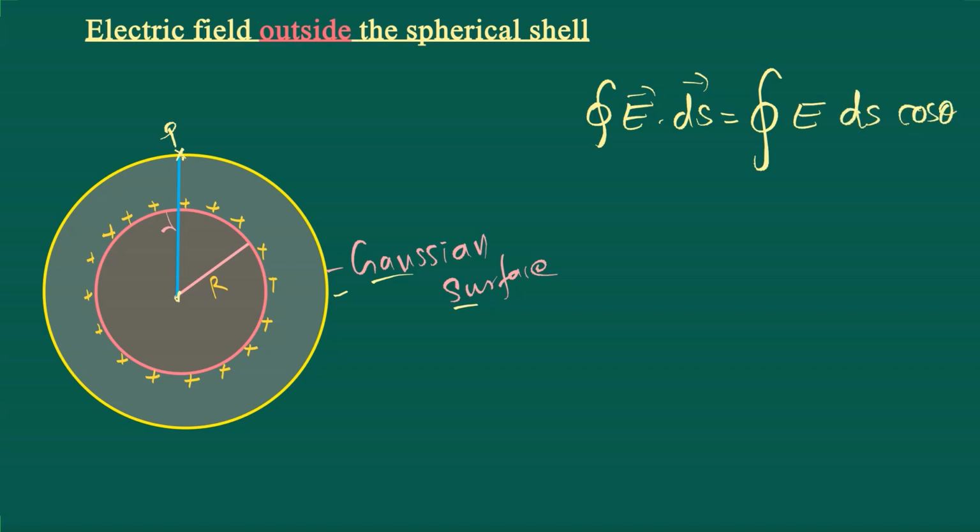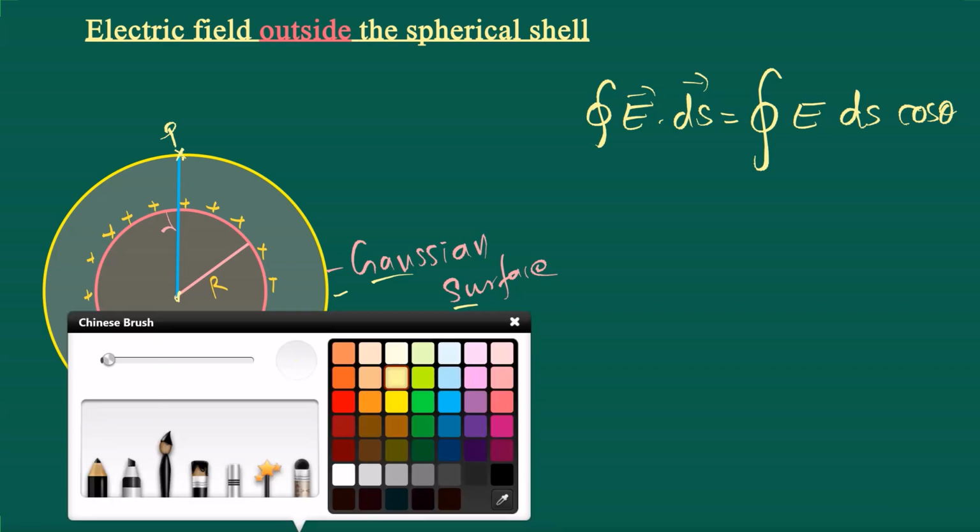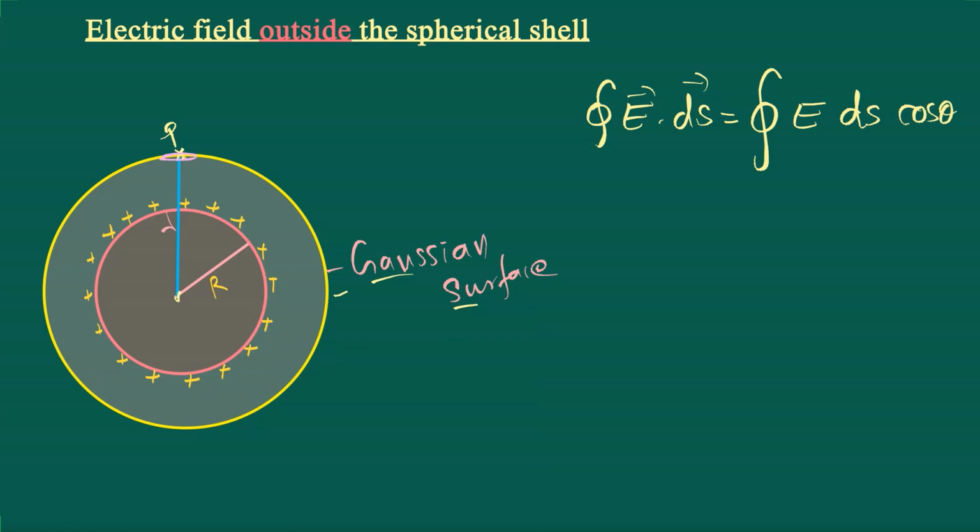So here is the question: how will you find the angle theta? Theta is the angle between the electric field and the area vector. So first we consider a small area, and we know how to draw the area vector.